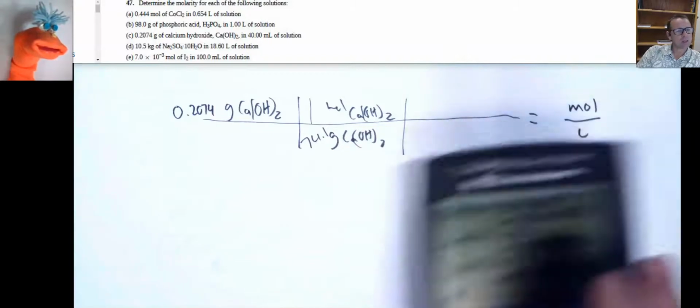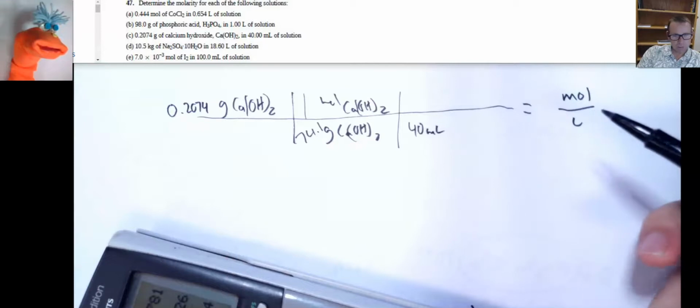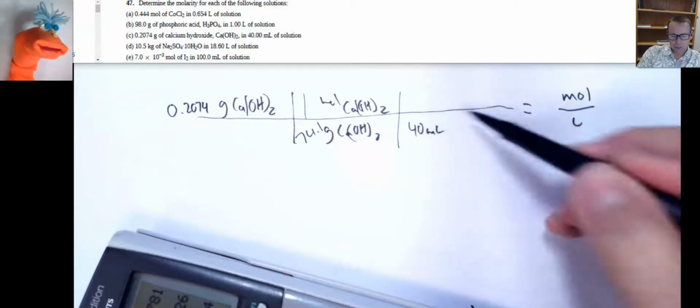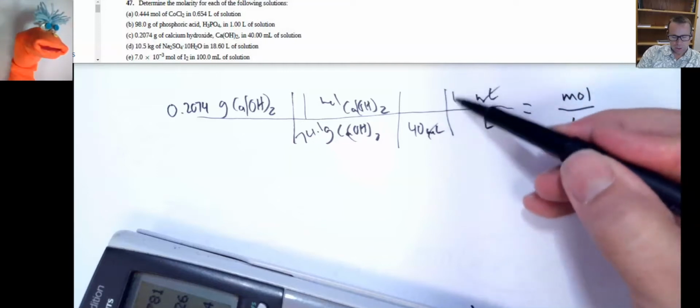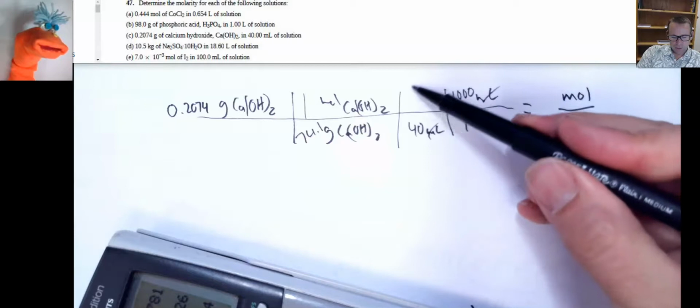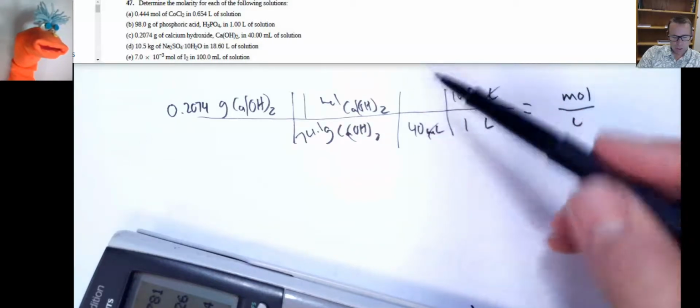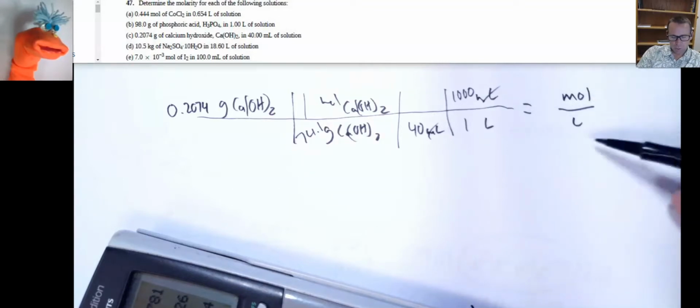I shouldn't have stopped there. That's for every 40 milliliters of solution. Now, milliliters needs to be in liters, so I'm going to convert milliliters to liters here. There's 1,000 milliliters for every liter. I don't need anything up here, so don't let that bother you, because I'm just trying to get these units to come out this way, moles per liter.